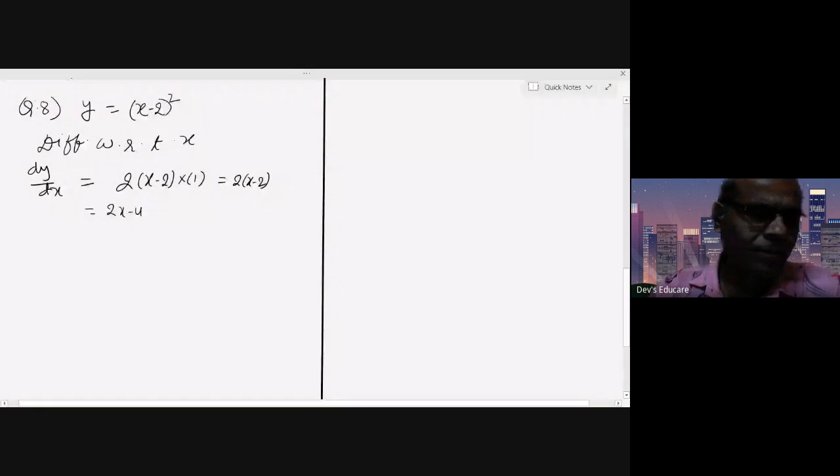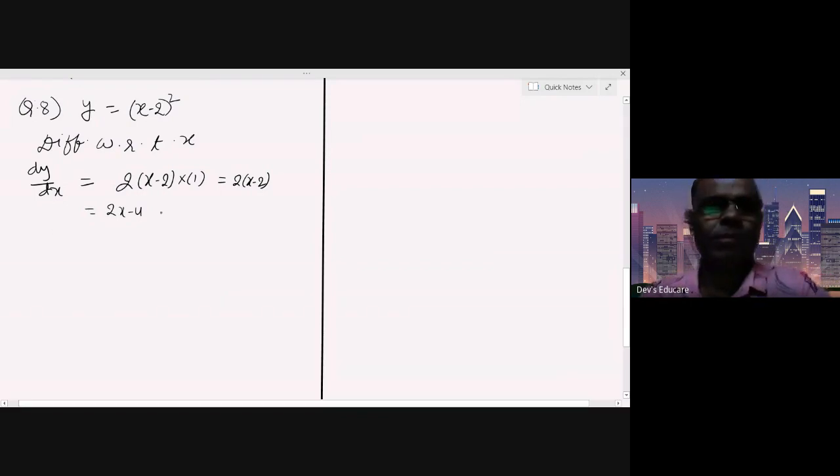And it's given that the tangent is parallel to the chord.